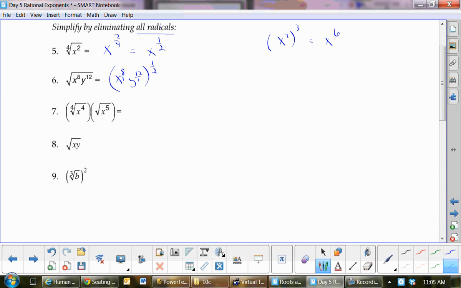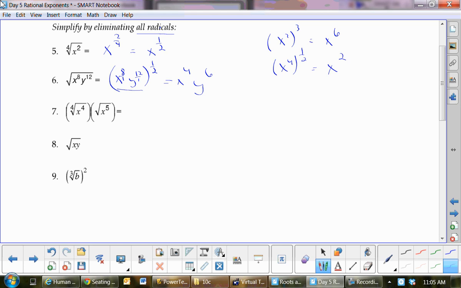If you had x to the 4 to the 1/2, it would be x to the 2. So this will give me x to the 4, y to the 6. And when there's 2 or 3, now that's all one term. They're just multiplied together. You can do that. You can't do that if there's a plus or minus sign in between.